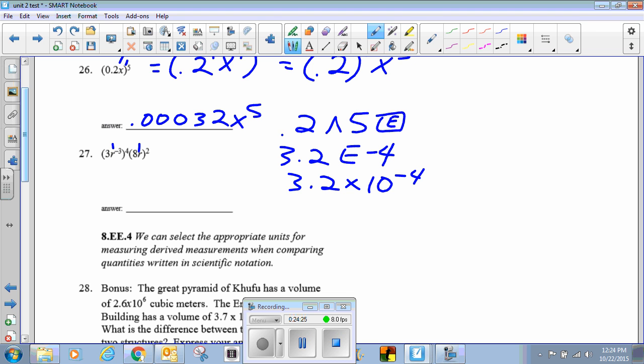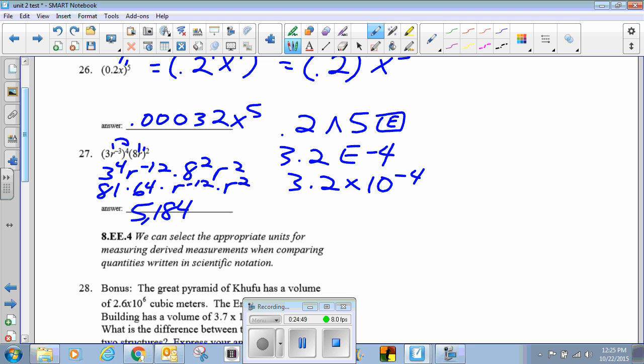This one, I need to distribute my power. 3 to the 4th, r to the negative 12, times 8 squared, r squared. Okay? Now I need to do some simplifying. 81 times 64 times r to the negative 12 times r squared. 81 times 64, I'm going to do on my calculator, and I get 5,184.